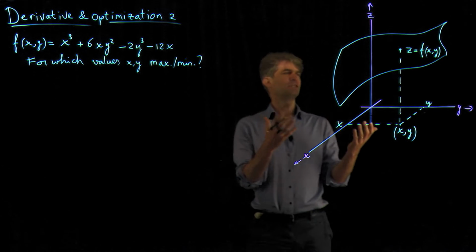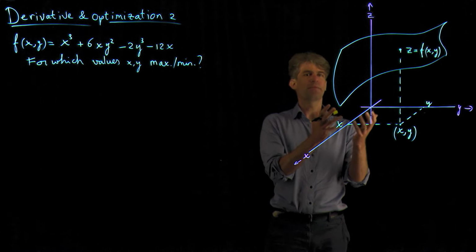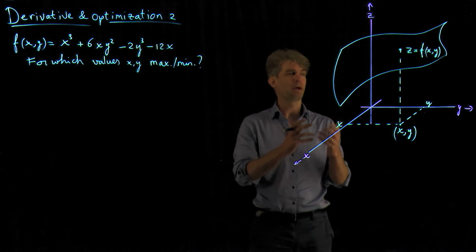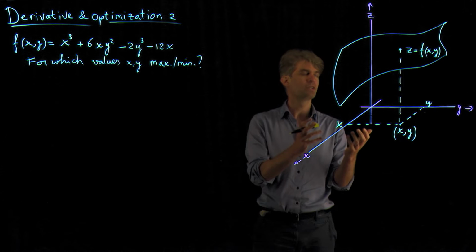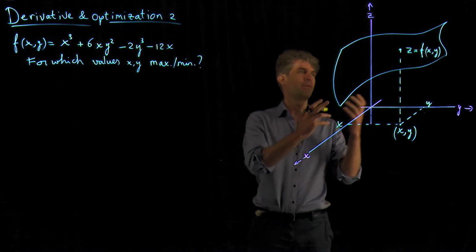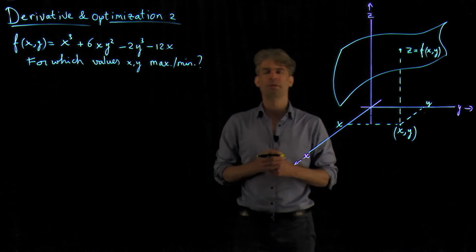And if you look at this, you might wonder, as for functions of 1 variable, might there be some stationary points, some extreme values, maybe maximum, maybe minimum, and how do we compute them?